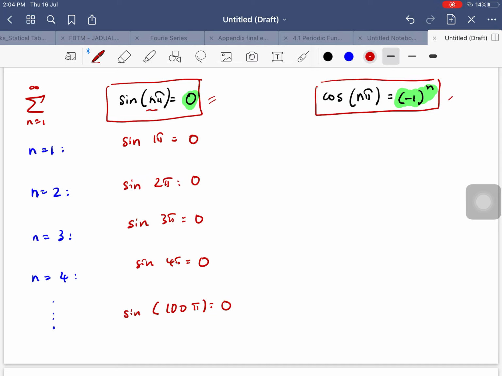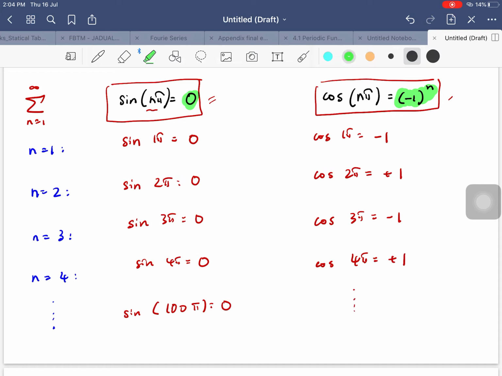Another trick is that when you come across cos n pi: if you have cos of 1 pi, this is going to give you negative 1. Cos of 2 pi is going to give you positive 1. Cos of 3 pi is again negative 1, and cos of 4 pi is going to be positive 1, and so on. It's going to alternate.